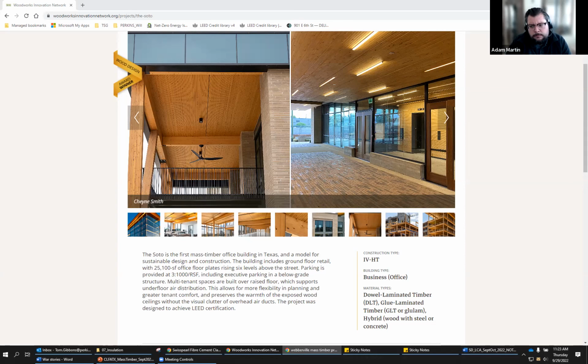There's certainly, we could get into all kinds of things about grid layouts and spans, and from a structural engineering perspective, it was interesting. Got the project pulled up there.